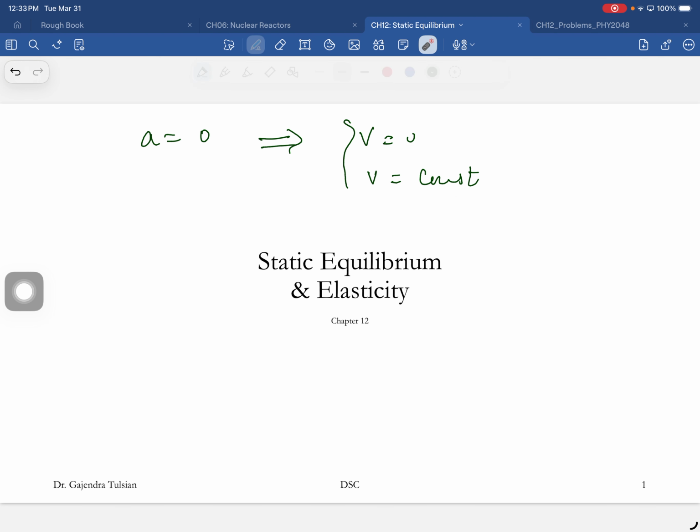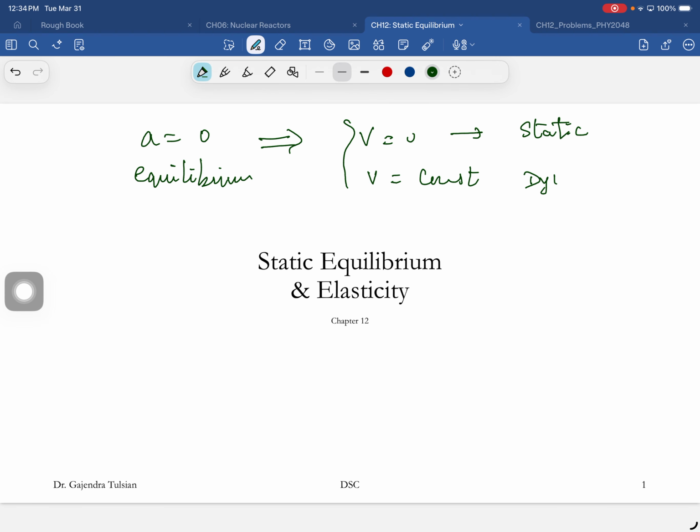When acceleration is zero, the object is in equilibrium. When velocity is zero as well, that means it's static equilibrium. Otherwise, this would be dynamic equilibrium.